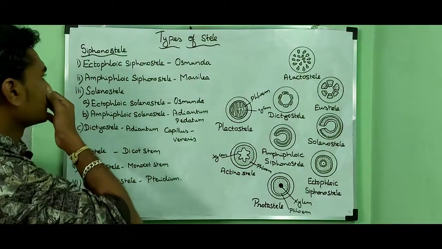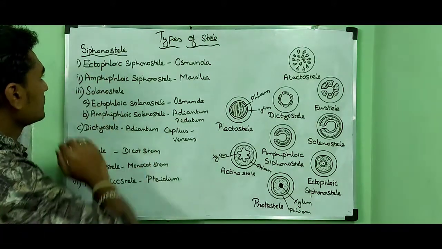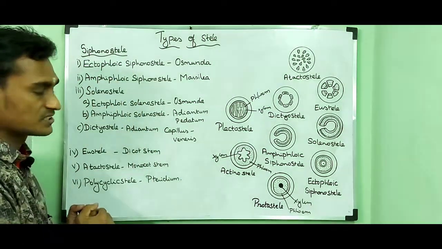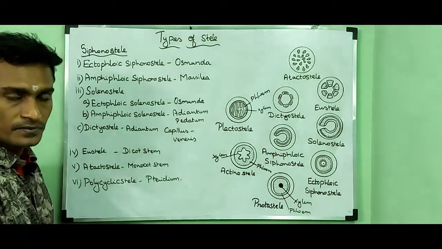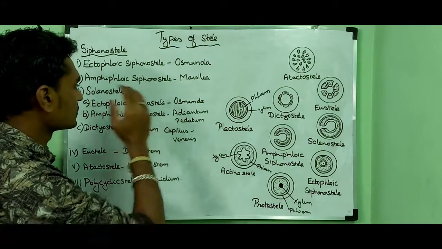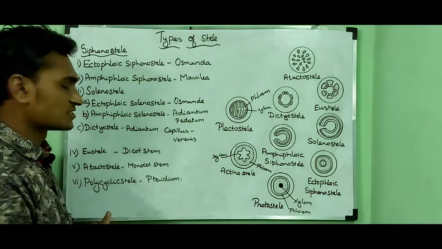Then its types, Ssiphonosteel types. Ssiphonosteel types can be called as ectofolic Ssiphonosteel, amphifolic Ssiphonosteel, solenosteel. Solenosteel again classified into three types, ectofolic solenosteel, amphifolic solenosteel and dictyosteel.